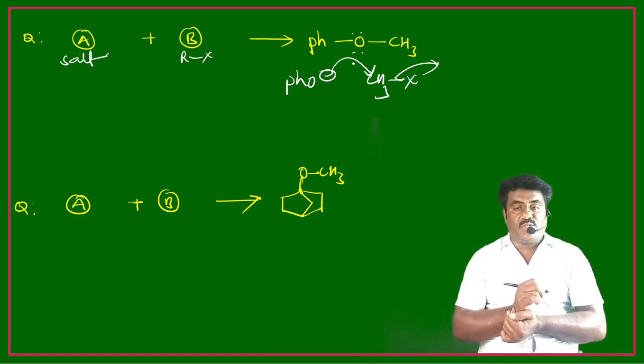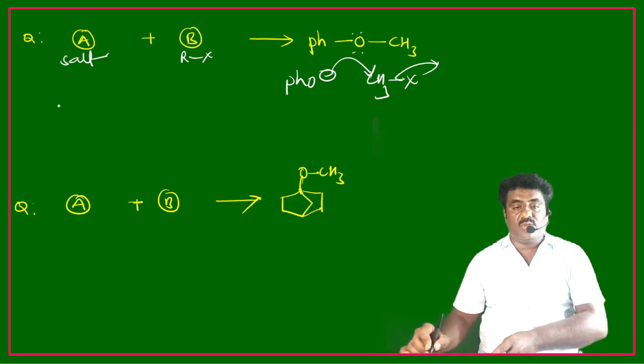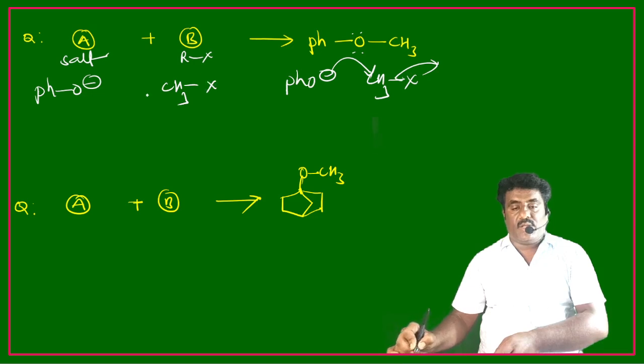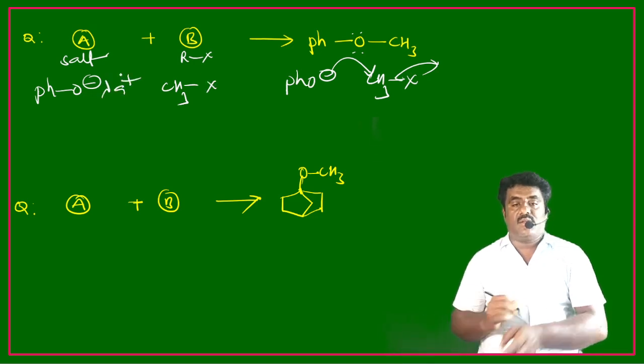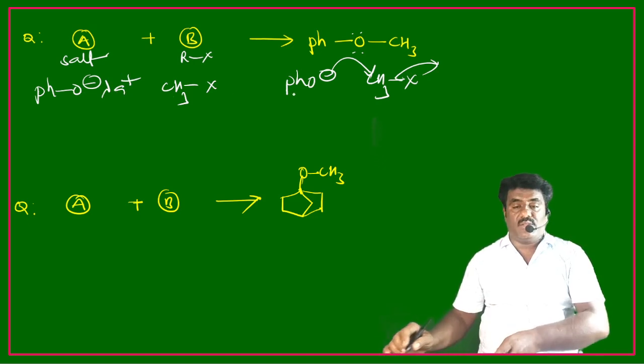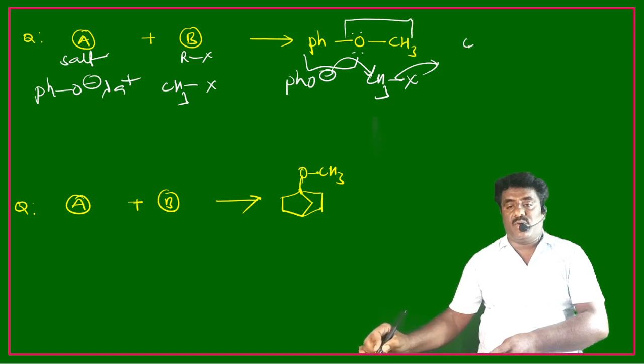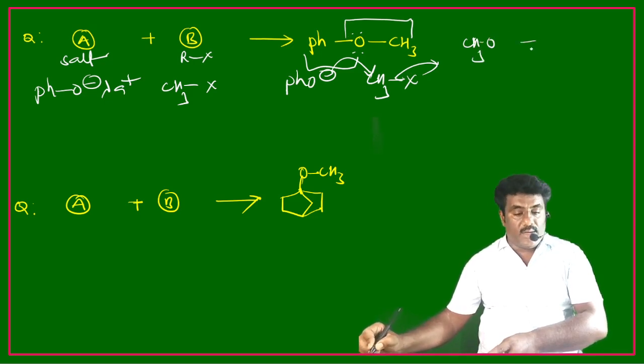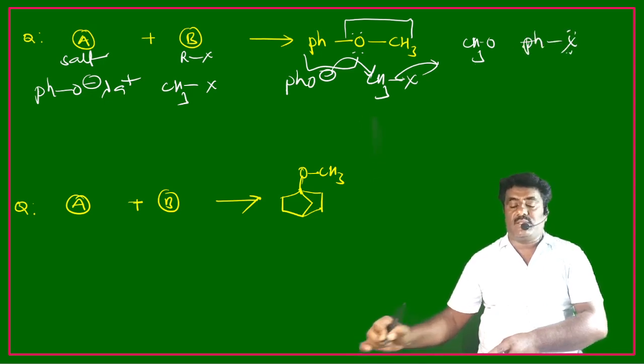Is it possible? Yes. It is PhO minus plus CH3X; this is A, this is B. Another possibility I am writing is CH3O minus and PhX.